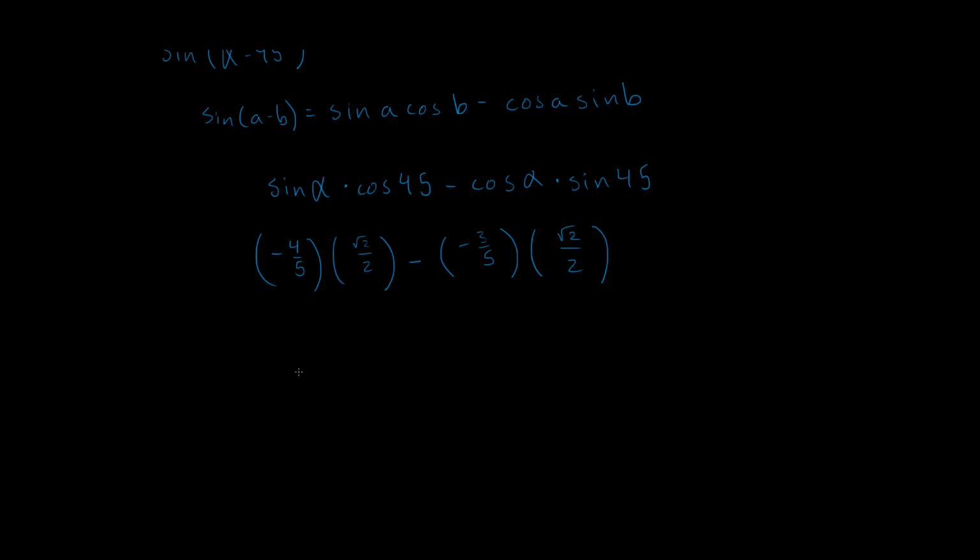We have negative 4 root 2 over 10 plus 3 root 2 over 10. So negative 4 root 2 plus 3 root 2 over 10 equals negative root 2 over 10. And so we got our final answer, negative root 2 over 10.